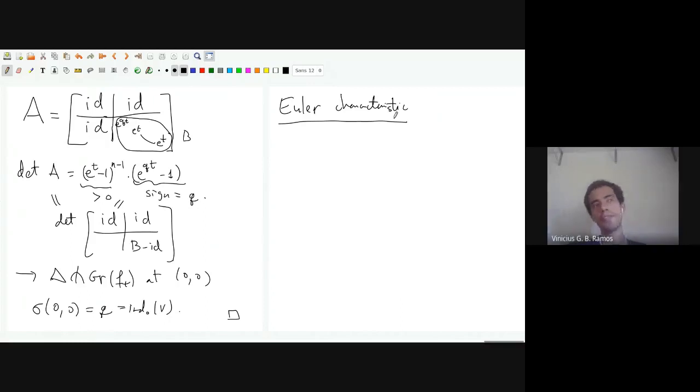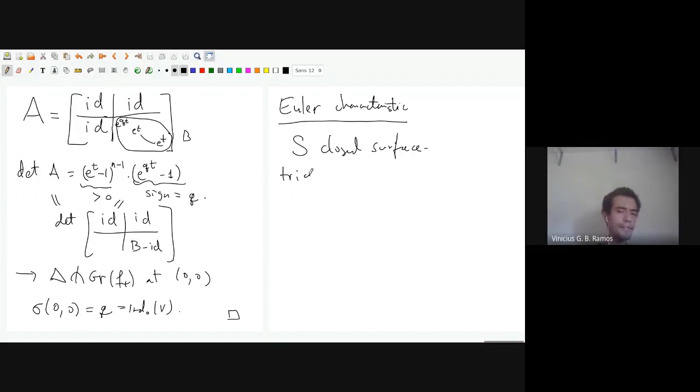But maybe you could think of it the other way: the theorem is just telling you that the sum of the indices of zeros of vector fields is constant. So to compute this constant number, which I'm claiming to be the Euler characteristic, you just have to choose a vector field. For example, if you have a closed surface, you can triangulate it.